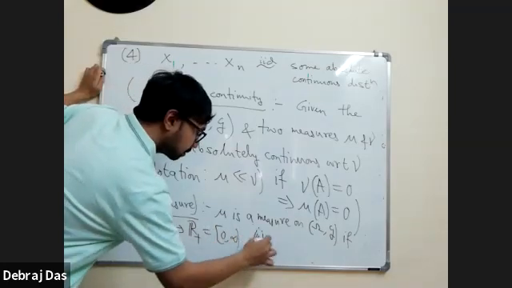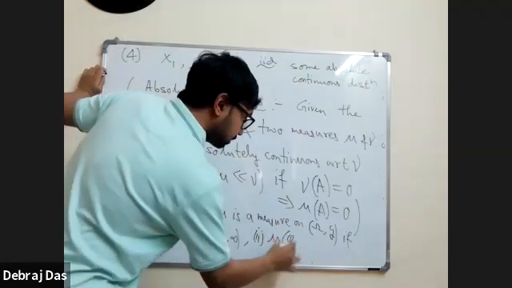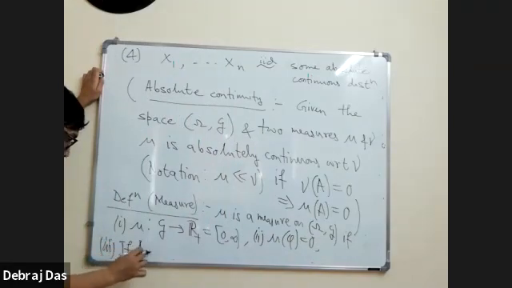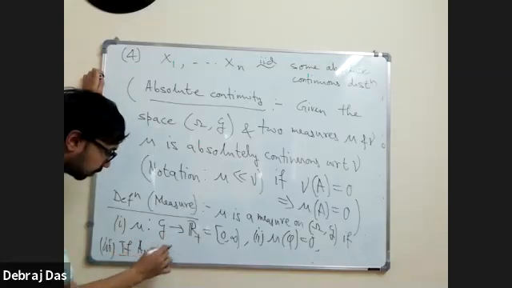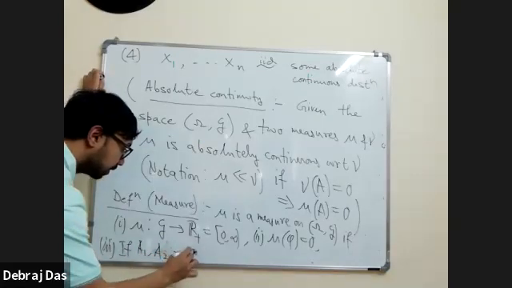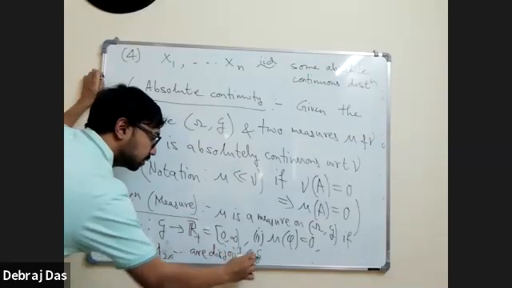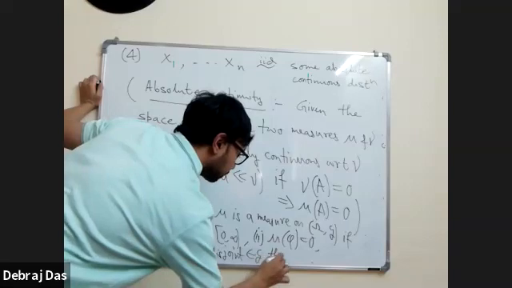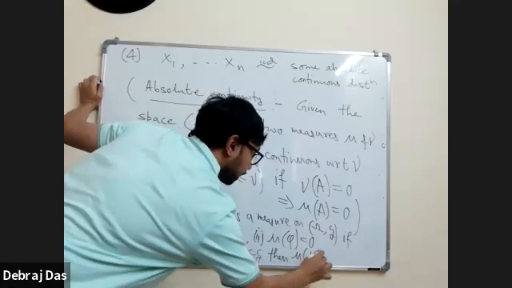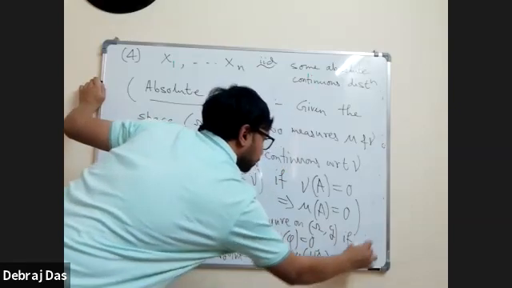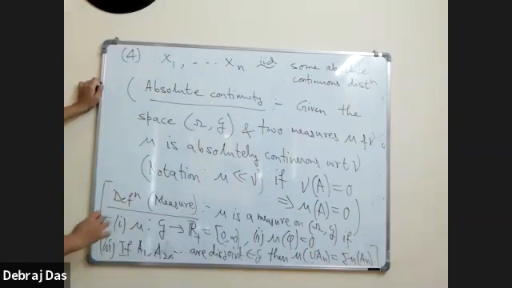Second, mu of the null set is 0, and third, if these sets are disjoint and belong to script G, then mu of the union of A_n is simply the sum of mu of A_n. This is the definition of a measure.